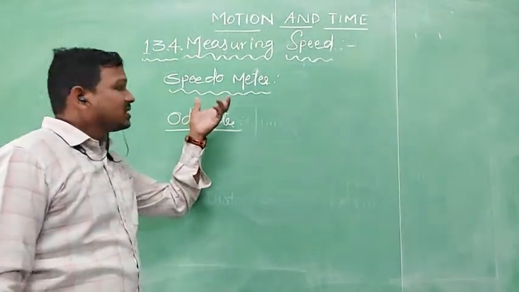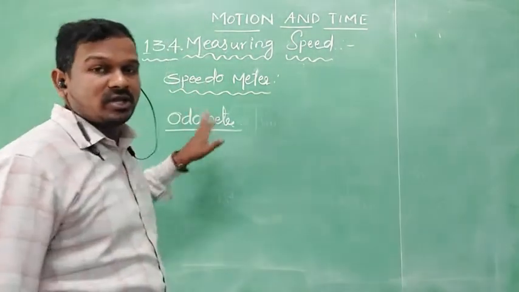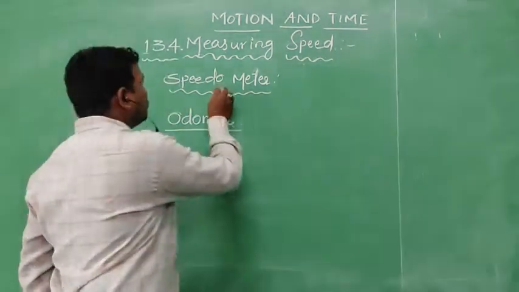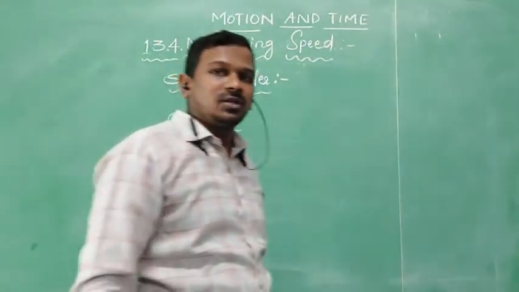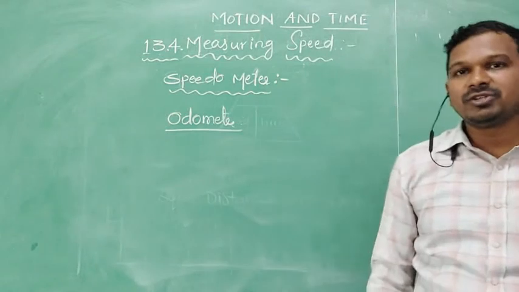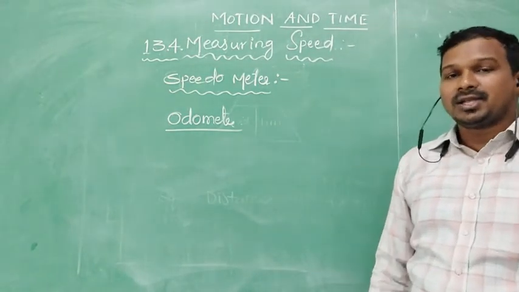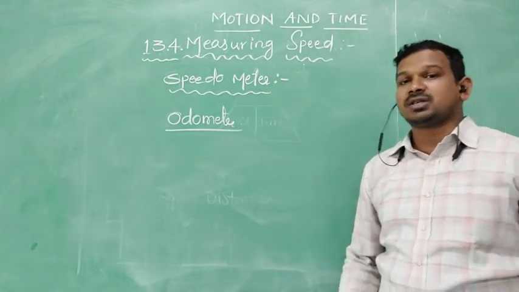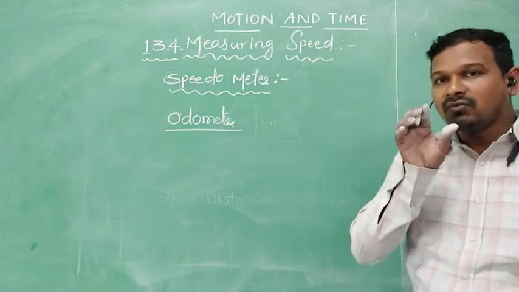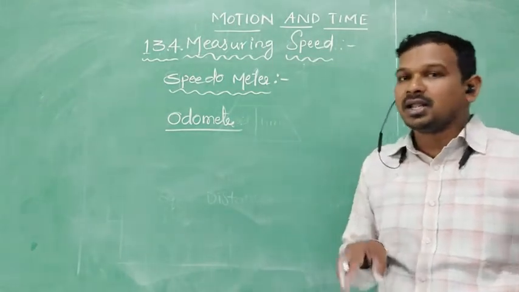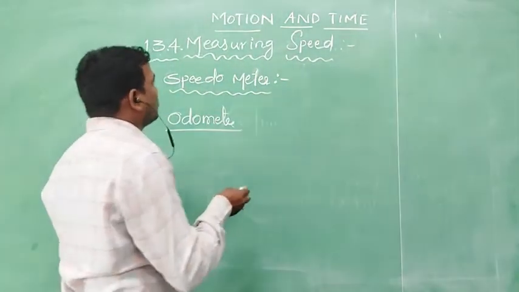Here, these are the 2 meters which are used to tell about the speed and the distance traveled. For example, look here: speedometer. Speedometer is an instrument used to tell with what speed the vehicle is going. Many of us have vehicles. When we are running the vehicles, in front of us on the handle, 1 meter is fixed. That meter is called the speedometer.